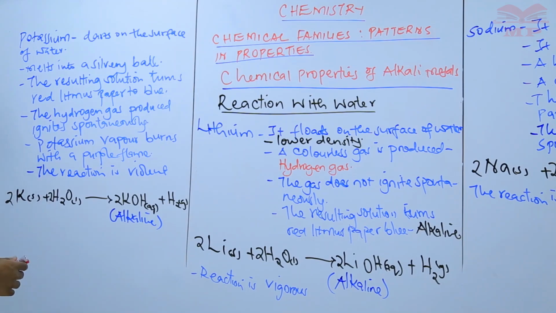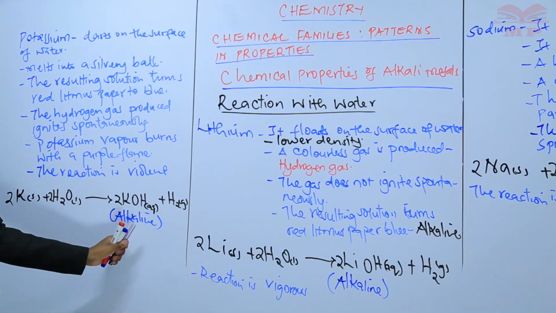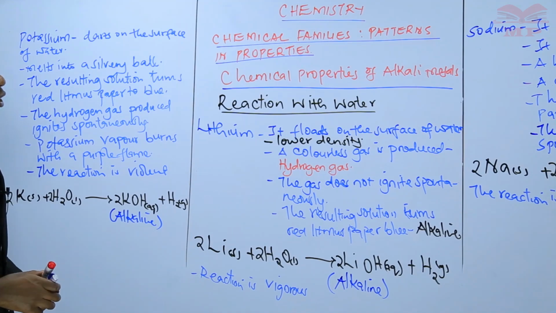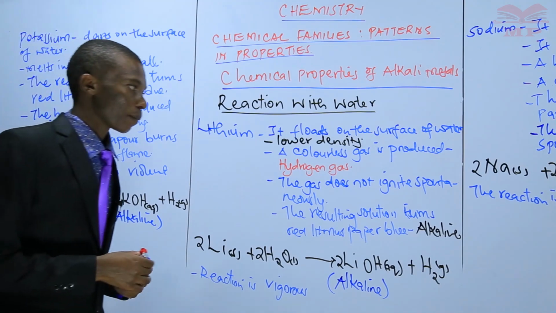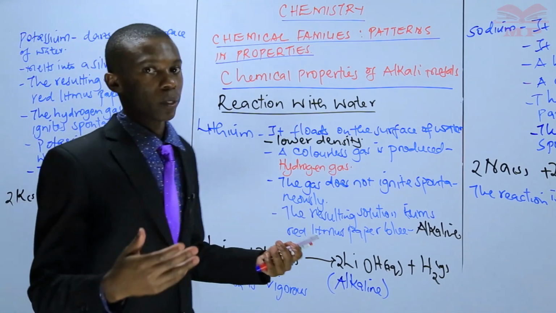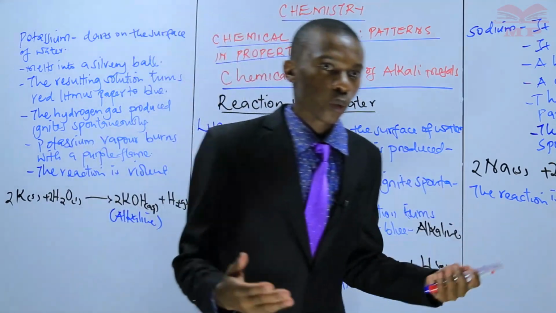Then the reaction is this: potassium reacts with water, leading to formation of an alkaline solution of potassium hydroxide and hydrogen gas. Therefore, you need to understand that. Just know what is happening.